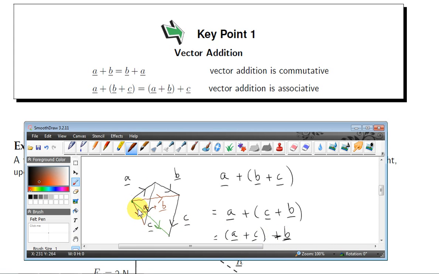So here's vector a plus c, and finally we would have to add that onto vector b. So we'd have to move this parallel to itself, so it's up here. So a plus c is over here. And finally we join the tail of b to the head of a plus c. And this vector is the same as this vector here.